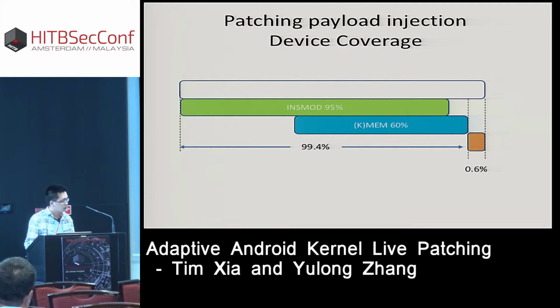There are still less than 1% of devices that we cannot do anything about. But actually, we have other ways. We can use some kind of stable vulnerability to do that. For example, we can root the device first, then during the root process we put in the patch code, so we can execute the patch code in the kernel, loaded from user space.